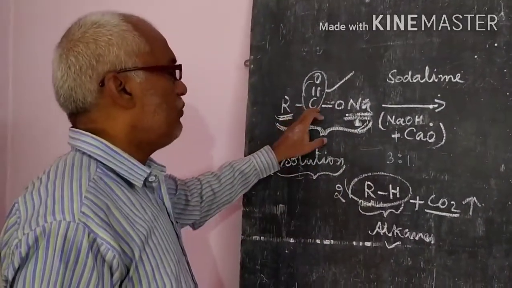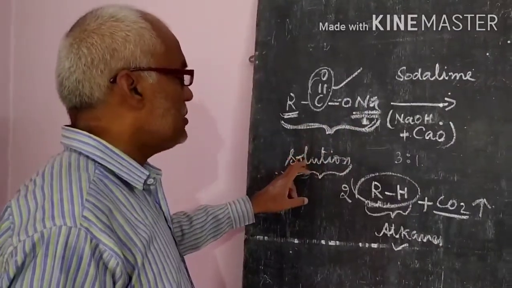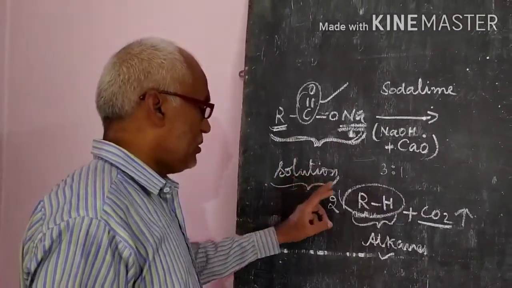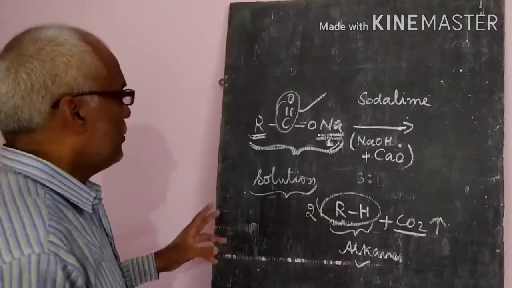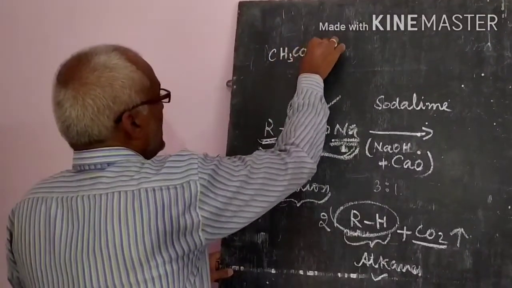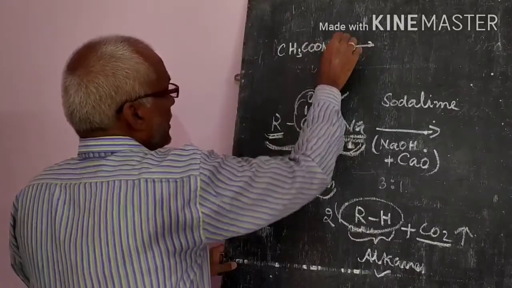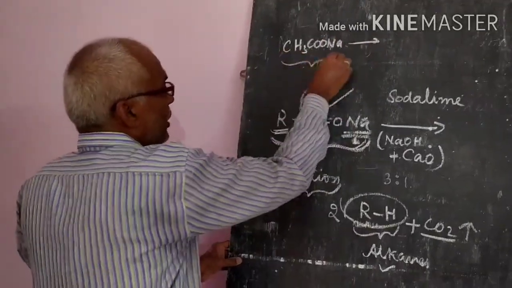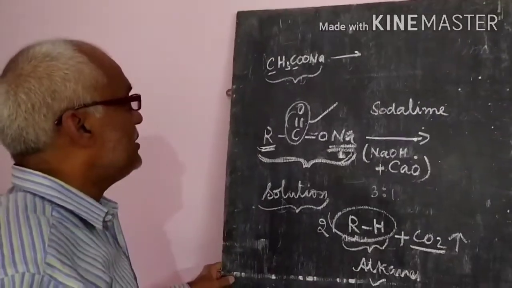Because of the solution of an alkali salt, acid molecules will give an alkane with twice the number of carbon atoms. Suppose you take CH3COOH, acetic acid, and its sodium salt, and do the electrolysis, you get twice the carbon atoms. That means 2CH3, you will get.